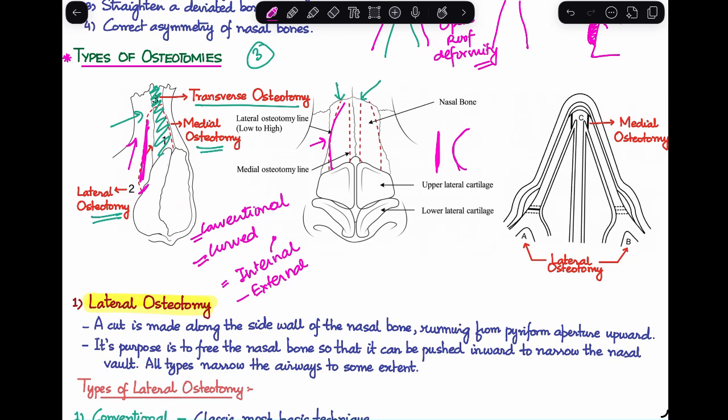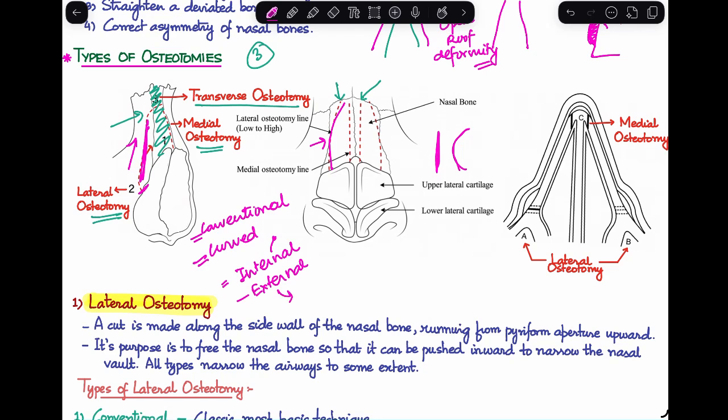So as a result, there will be less visible trauma and lesser degree of ecchymosis and edema occurring around the eyelids. However, because we are going internally, the visualization is a little more difficult than the external approach. So this internal approach may actually be a little bit less precise.